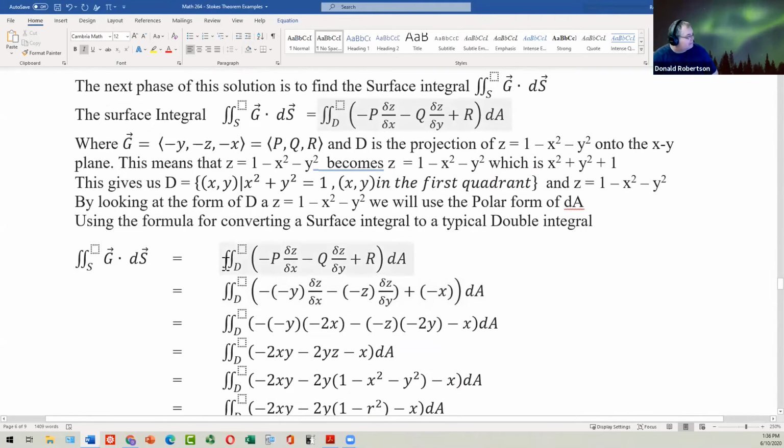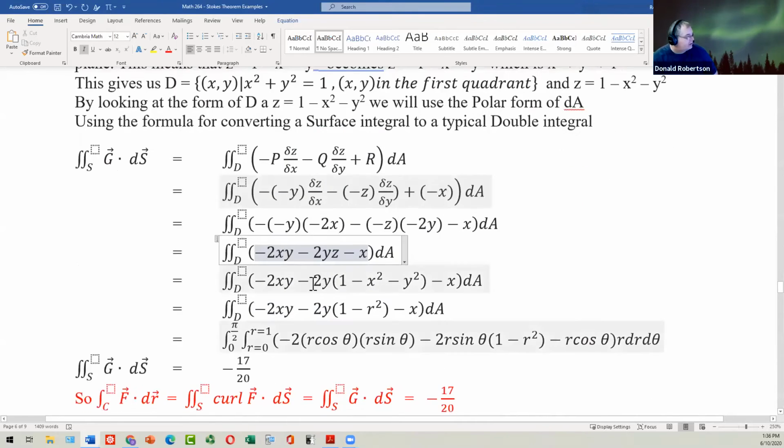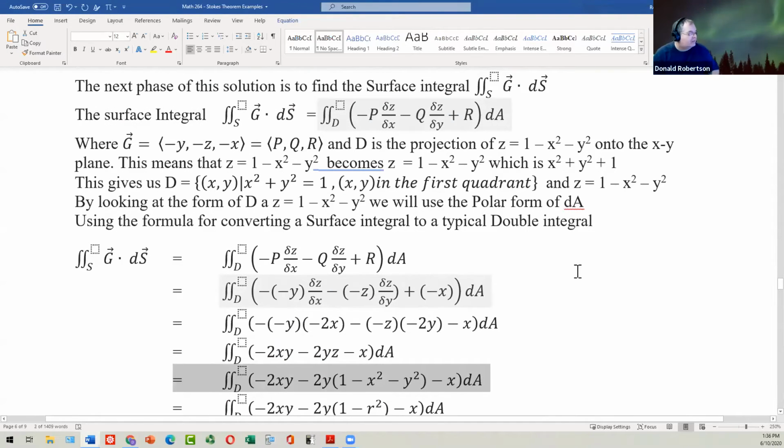So here goes. This surface integral becomes the typical double integral formula. If you plug in all the bits, you get to about here. And then I looked at the information earlier on and said to myself, x squared and y squared and half circles and quarter circles and stuff like that, doesn't it make you think polar?